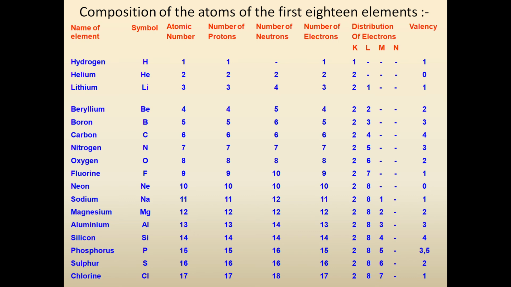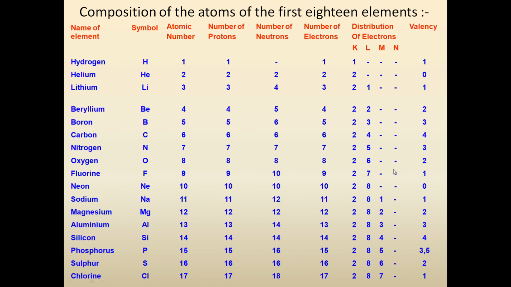K shell can have 2 electrons, L shell will have 8 electrons, and the outermost shell will have 2 electrons. Similarly, we can talk about the electronic configuration of other elements like sulfur, chlorine, phosphorus, etc. And from here, we can know about valency also. If you know the electronic configuration, if you know the distribution of electrons, then we can talk about valency too.